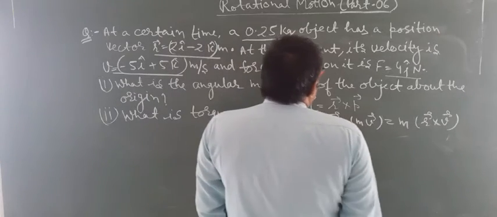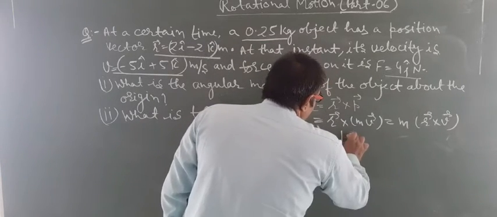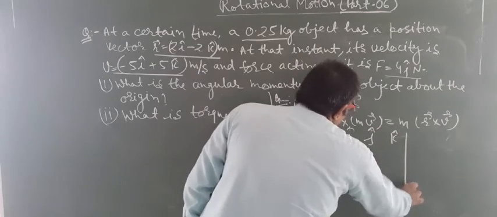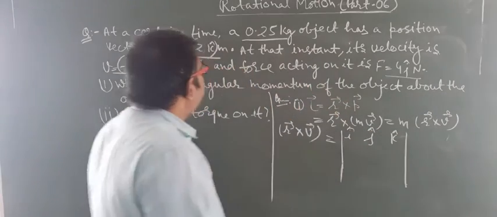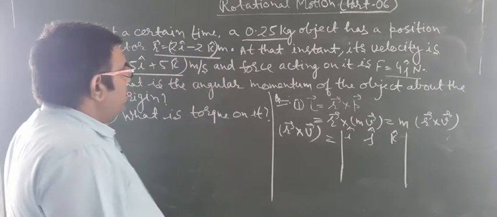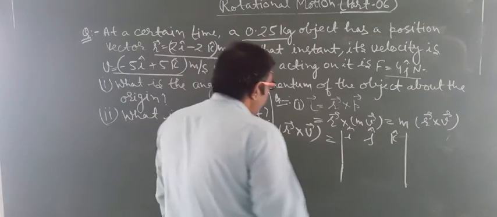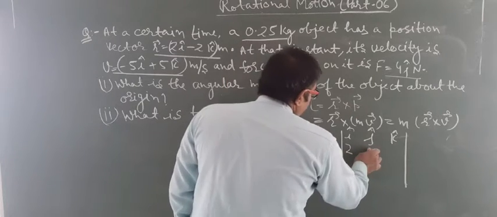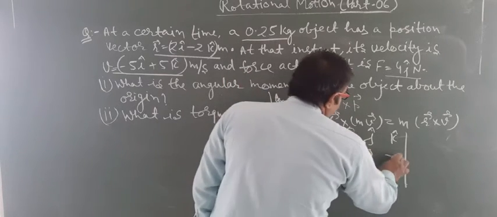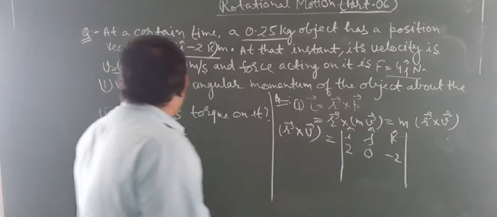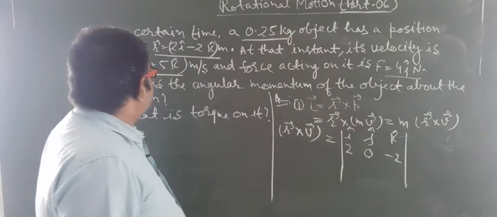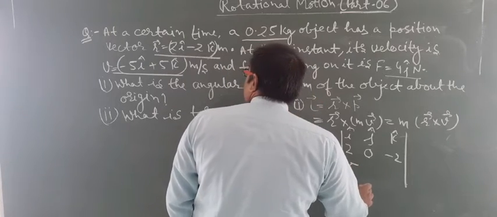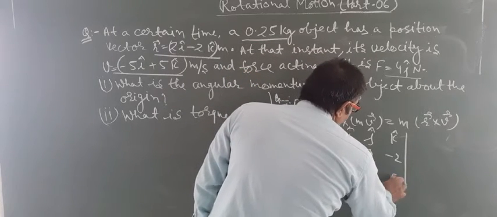So r cross v we want to calculate, and it is i cap, j cap and k cap. For r, the components are 2 for i cap, 0 for j cap and minus 2 for k cap, and velocity v is minus 5, 0 and 5.